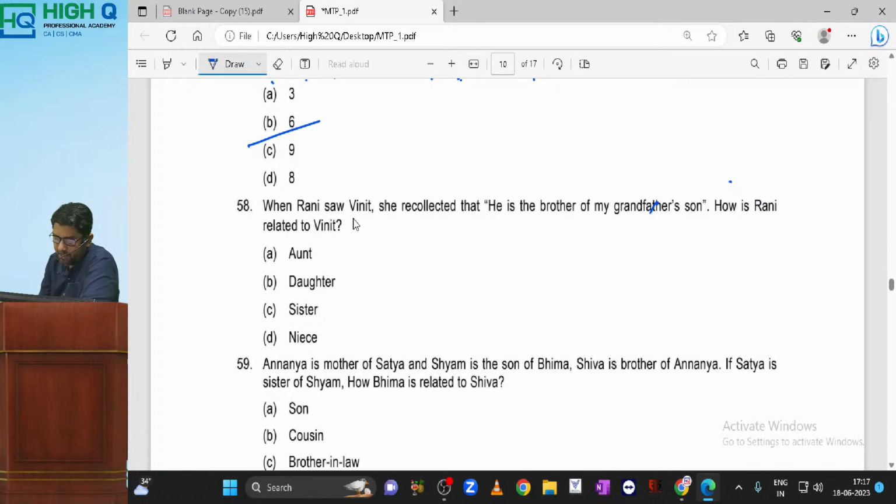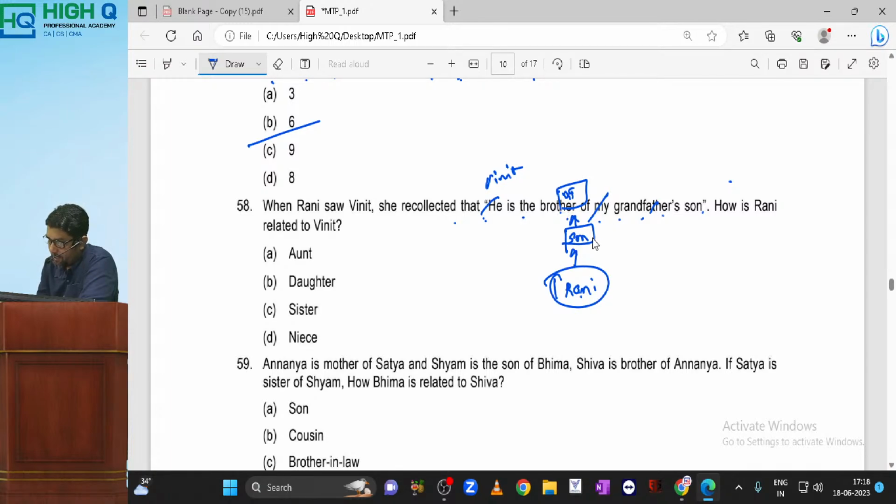When Rani saw Vinith, she recollected that he is the brother of my grandfather's son. Who is my? Rani. Rani has got a grandfather. That grandfather has got a son who is nothing but Rani's father.